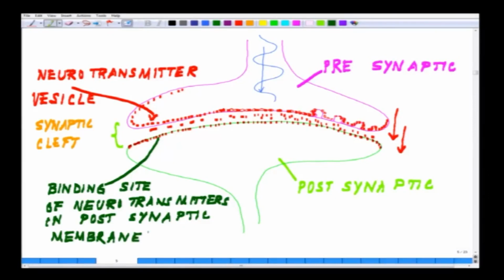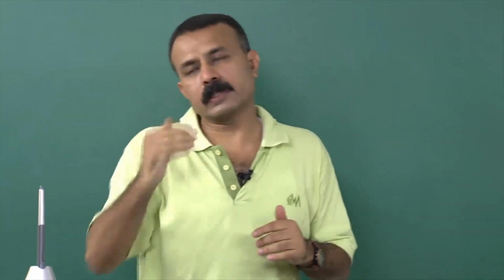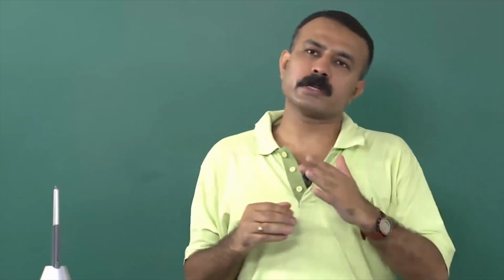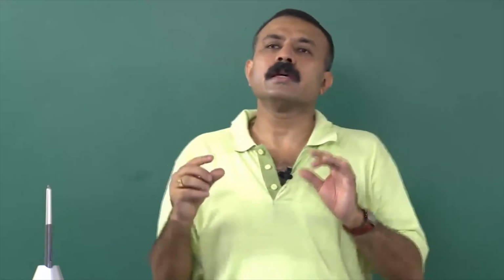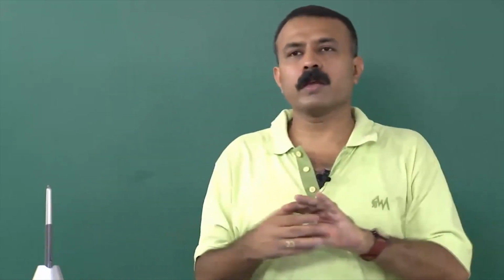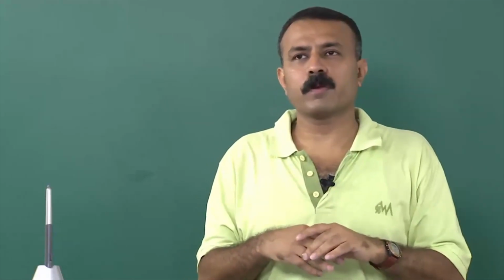So, there are three events which are happening. The electrical signal reaches the synaptic zone. At the synapse, neurotransmitters are released by the presynaptic membrane. Those neurotransmitters diffuse into the synaptic cleft, and immediately bind to the postsynaptic membrane.